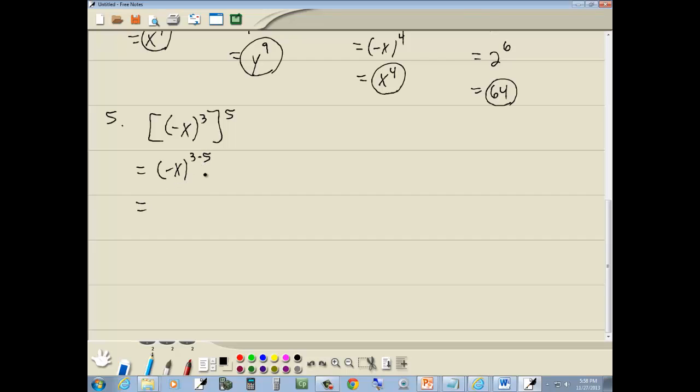Again, when you're raising one exponent to another exponent, you multiply them together, which gives us negative x to the 15th power. Now, when you're taking a negative number, negative variable, negative whatever, to an odd power, it stays negative. So that's negative x to the 15th is our answer. Now, if that had been even, if it had been 14, for example, then this would have been a positive x. So it would have been x to the 14th.